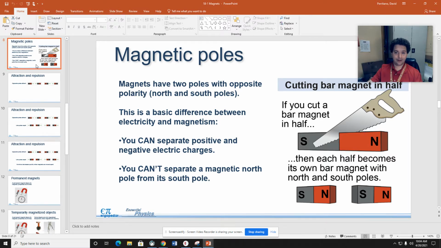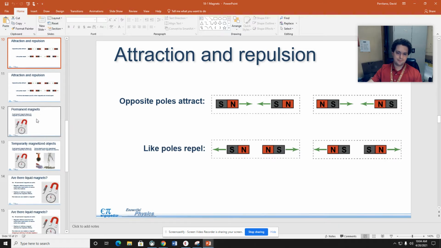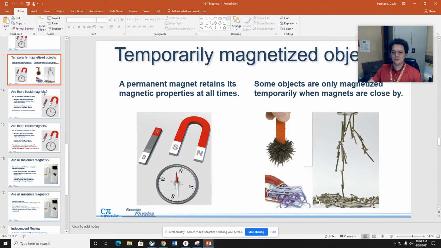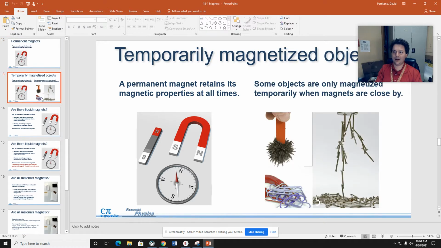Okay, so moving on. Like I said, opposites attract, like poles repel. There are two types of magnets. There's permanent magnets and temporary magnets. Remember, you can pause the video if you need to. Permanent meaning always a magnet. Temporary meaning can be a magnet sometimes.